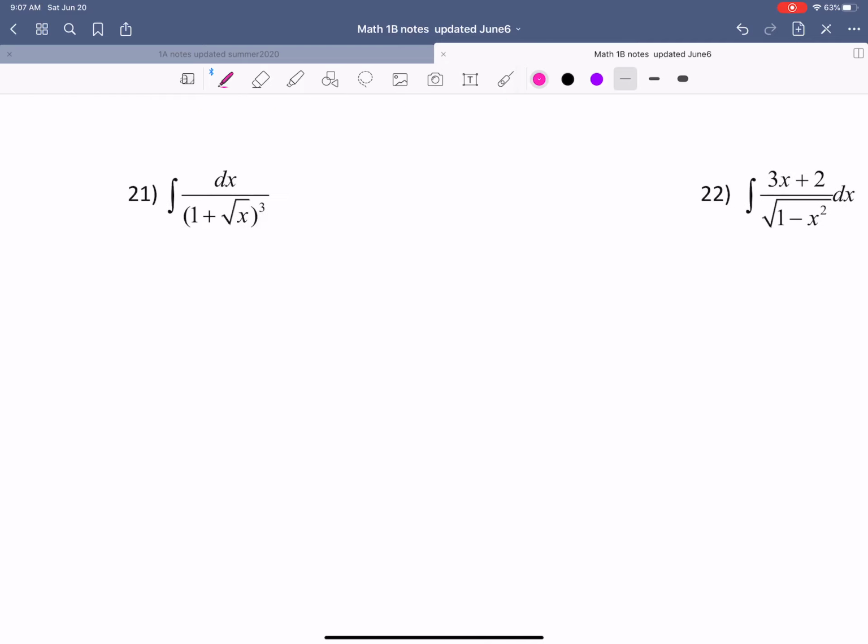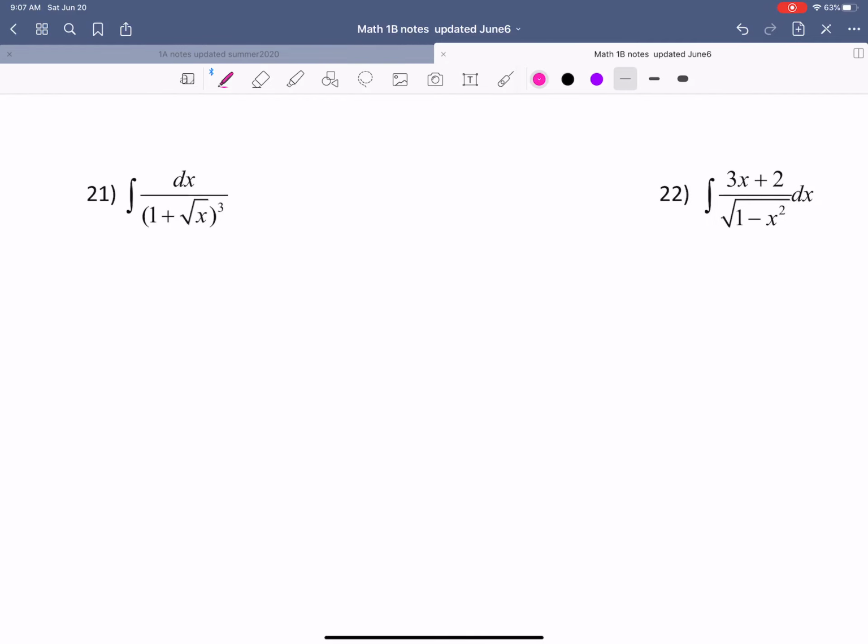Here we are, next few on the next page. Number 21. 1 plus cube root of x to the third power. Okay, I don't have any x's on the top, so what should I do here? So I'm going to let 1 plus cube root of x be u, and then I'll try to manipulate and see.